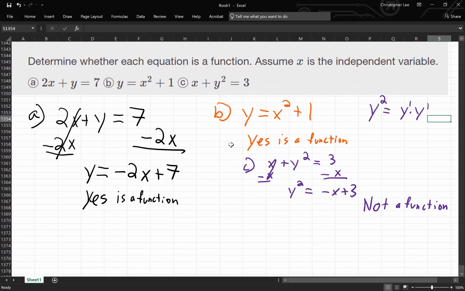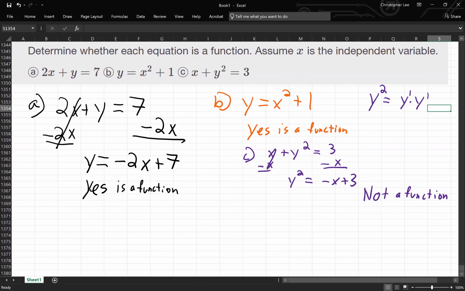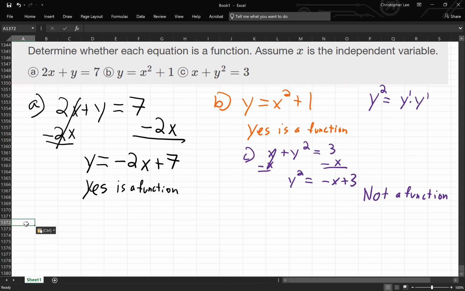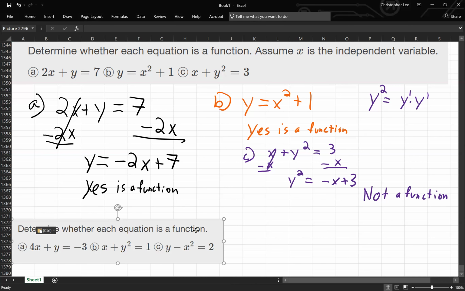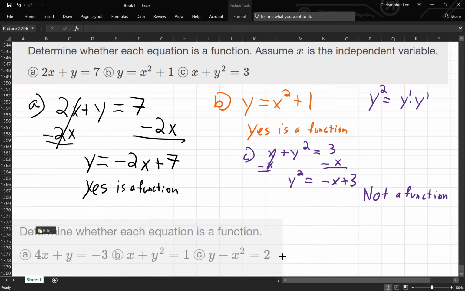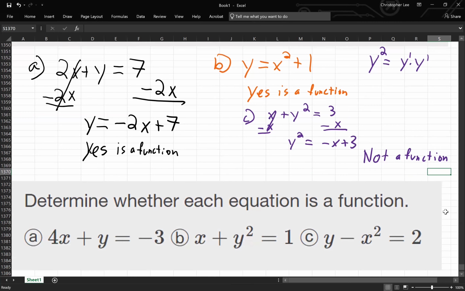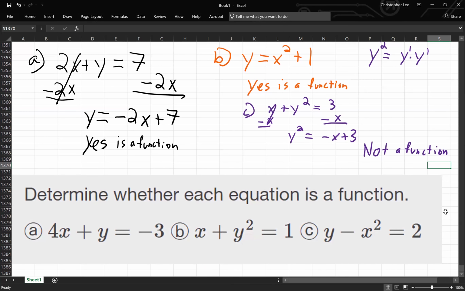Let me let you guys try one because this is a new concept. It has two y's, it's as simple as that. Three would actually be okay, believe it or not, but we're not going to get into that right now. Try this.